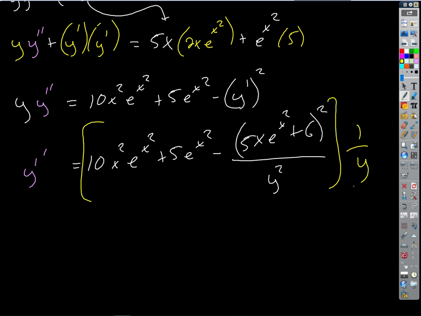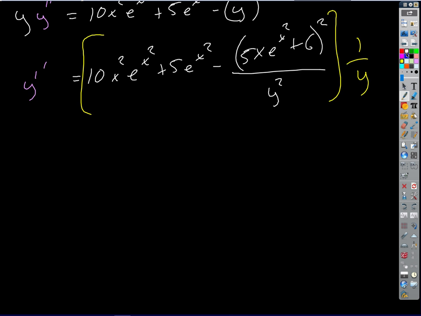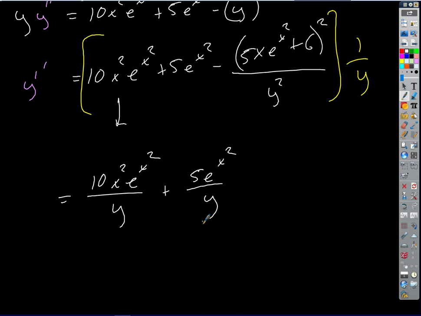So if I distribute that through, I'm just going to get 10x squared e to the x squared over y plus 5 e to the x squared over y. And you could combine those and factor things out if you want to, but you don't have to. That's fine. Minus 1 over y times this is just going to give me a y cubed on the bottom. There it is.